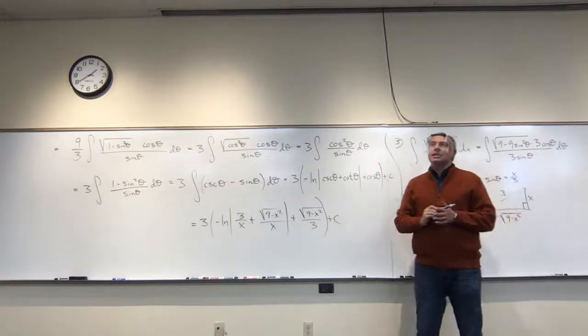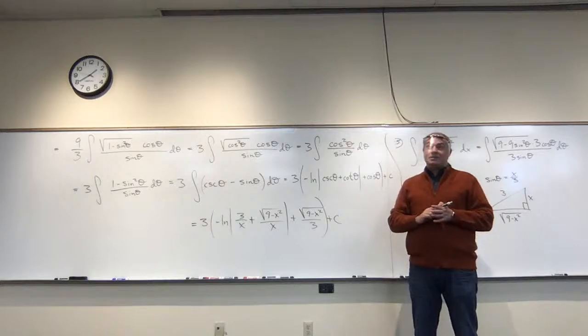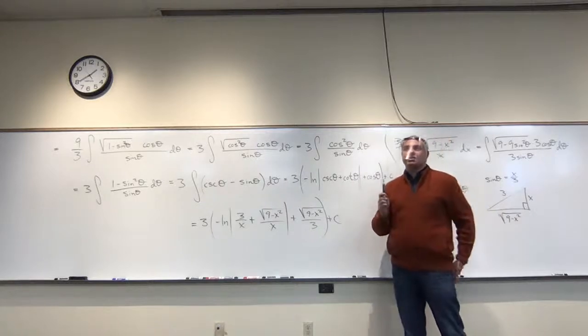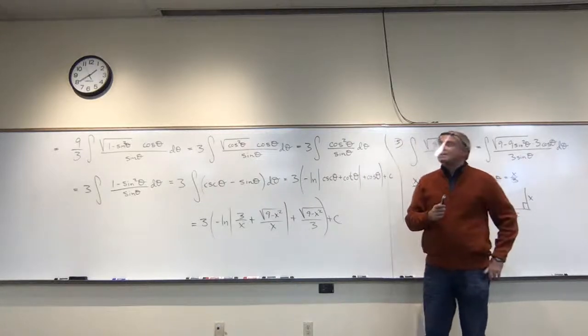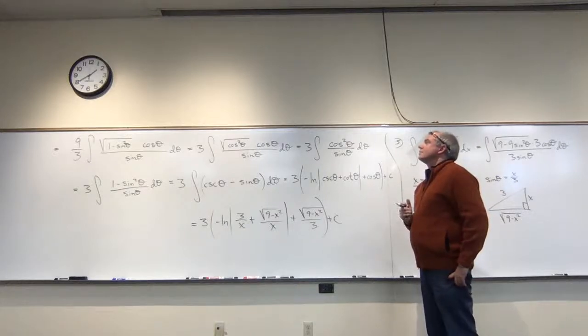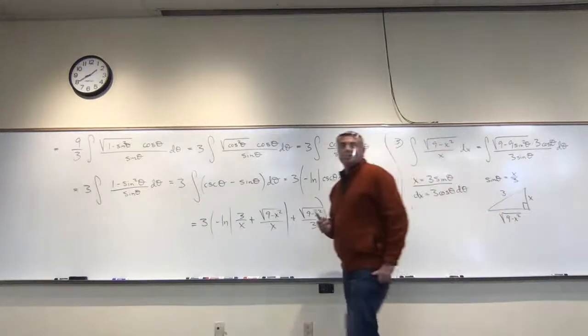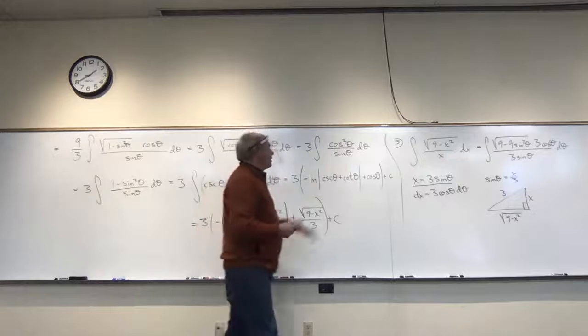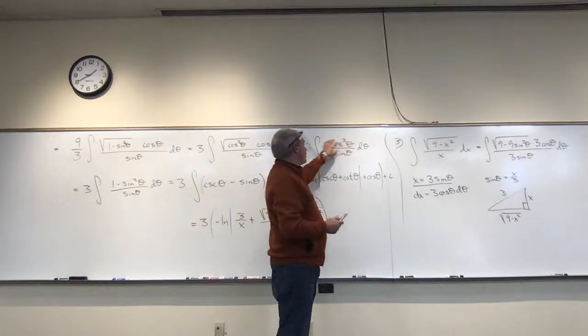I'm not saying that it cannot be done. I'm just saying that it's a little bit ugly. So I think you actually could do it. What do you think for a second? Yeah, you could. It's ugly. You'd have to factor out a sine.